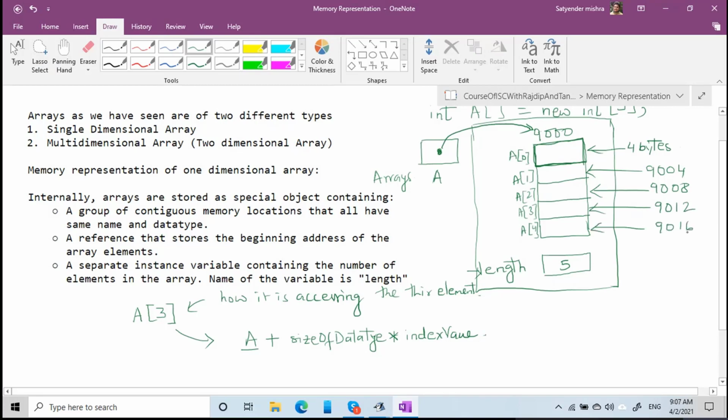So in this way, the memory addresses were defined, right?